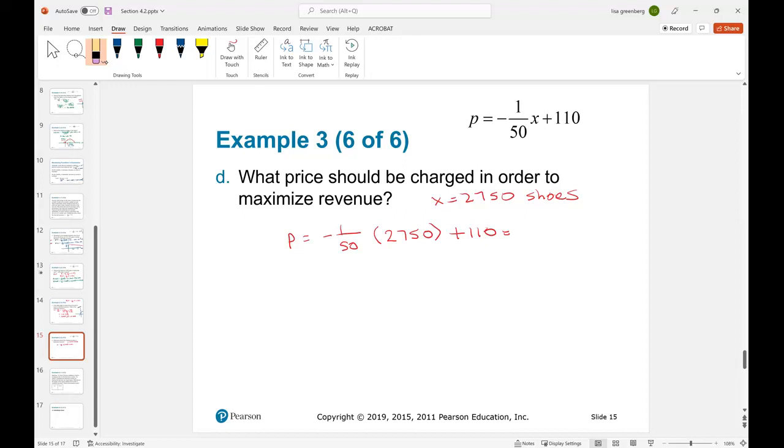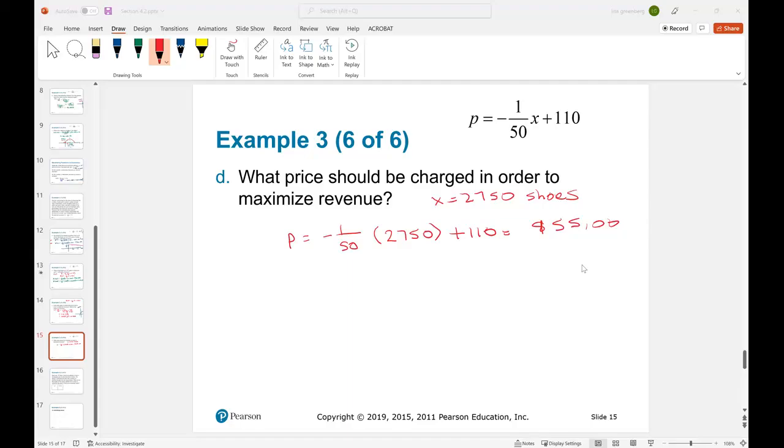Okay, so calculator, 2750 over 50 plus... it's $55. Sorry. So this is $55. Okay, so hold on one sec.